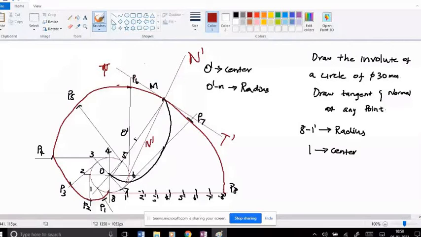That's why I said to draw with a compass. So we are almost finding the instantaneous center for that particular point. Okay, sir. Any doubts in this?